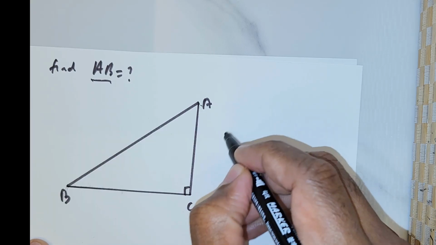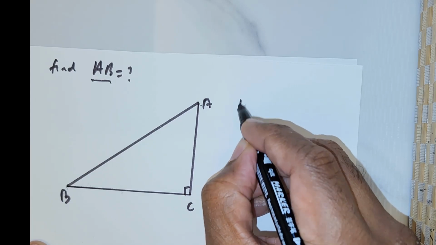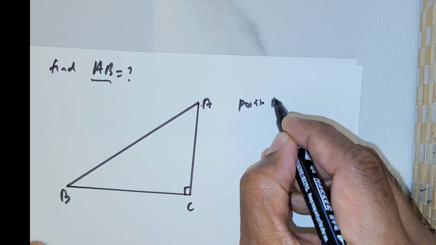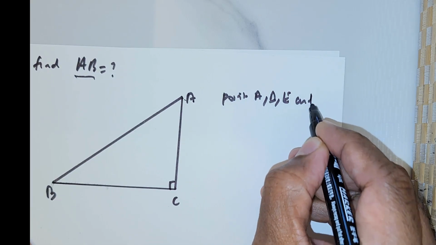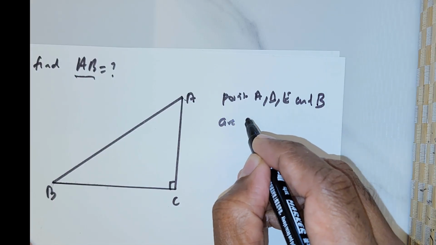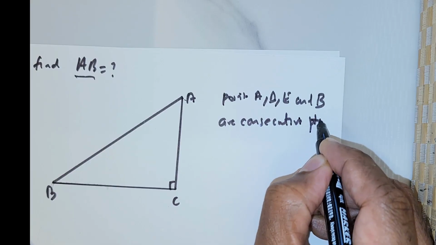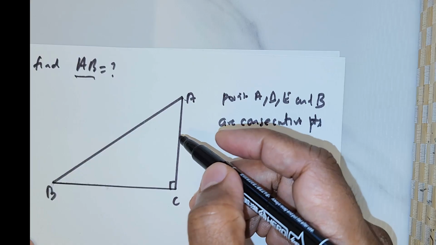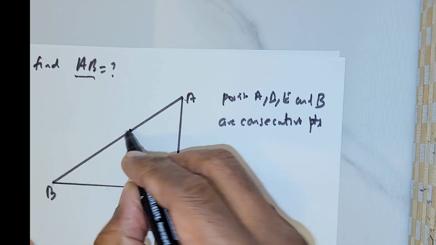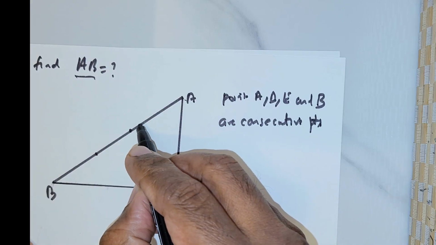Now, the following information has been given. Points A, D, E, and B are consecutive points. So you have D here and then you have E here, so probably I'll place D here.